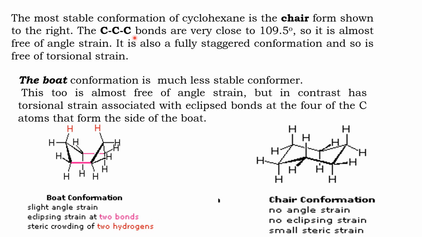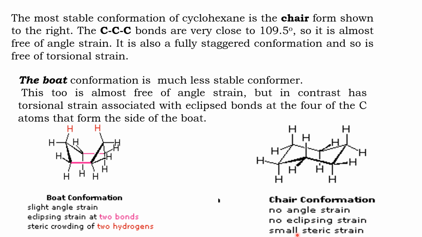The carbon-carbon bond angle is almost 109 degrees in chair conformation. So the most stable conformation is chair conformation, which does not have any angle strain, eclipsing strain, or steric strain.